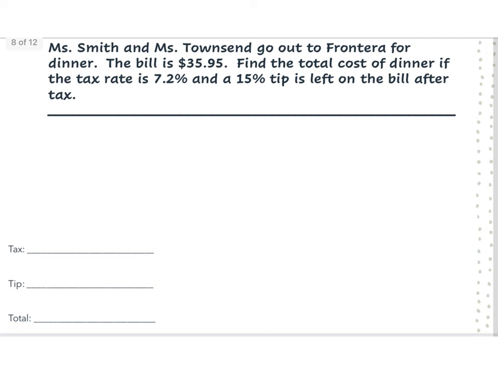So in order to calculate tax, we're going to take the $35.95 and we're going to multiply it by the tax rate percentage as a decimal. So we need to slide our decimal twice to the left, which would make it 0.072.